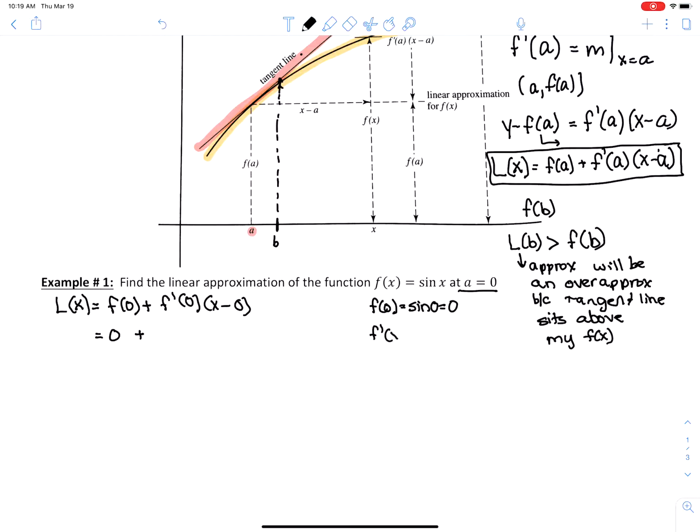Well, the derivative of my function is cosine x. F prime of 0 is cosine 0, which is 1, times x minus 0. So in this example, my linear approximation is just x. That's the equation I'm using to approximate any y coordinate on my original function.